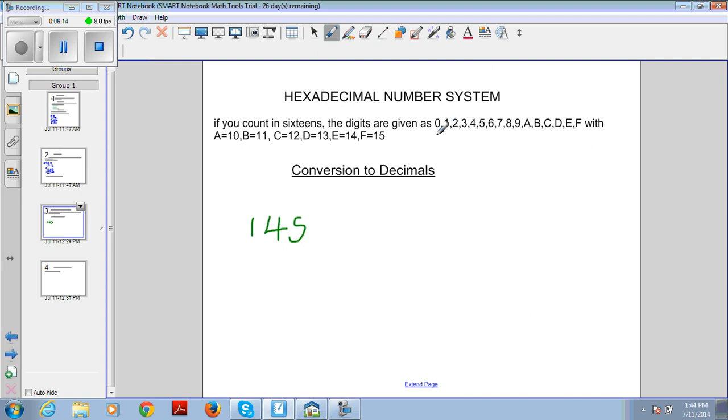Okay, and I said you use alphabet to represent values when they are above what? 10. So A is equal to 10, B is 11, C is 12, D is 13, E is 14, and F is what? Is 15.